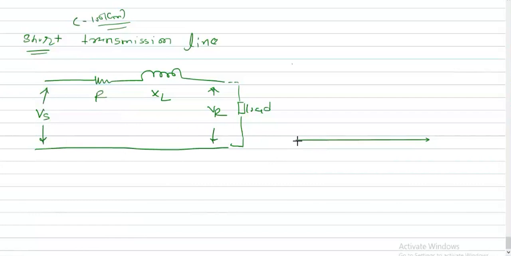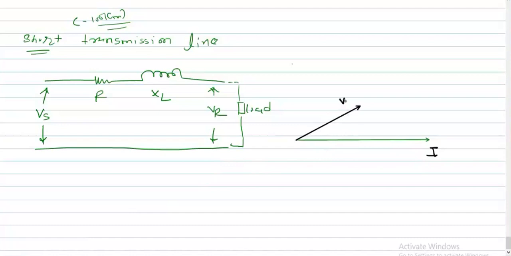This line is the current. Now I want to indicate the voltage. So I will indicate the VR voltage as the receiving end voltage from here. So this is your VR. This is your current I, this is your VR.